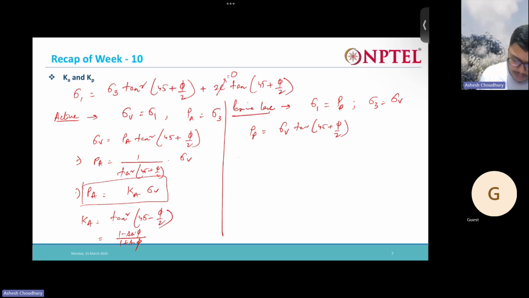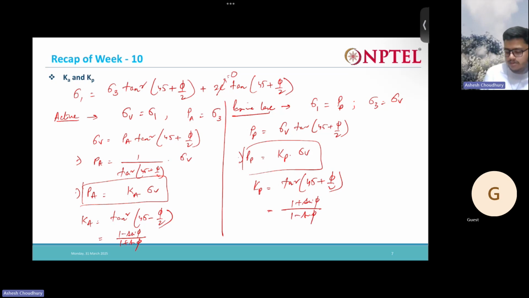I can have P is equal to Kp times sigma V. Kp is tan square (45 + φ/2), which is (1 + sin φ) / (1 - sin φ).